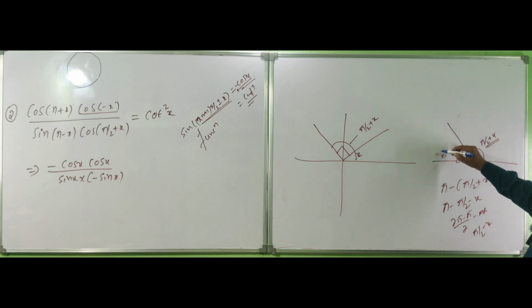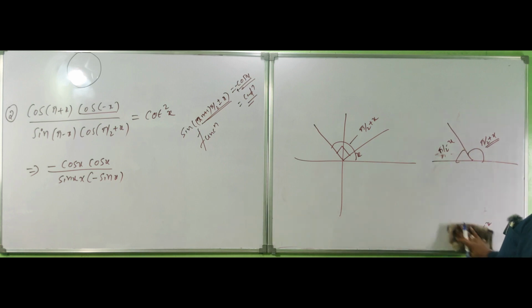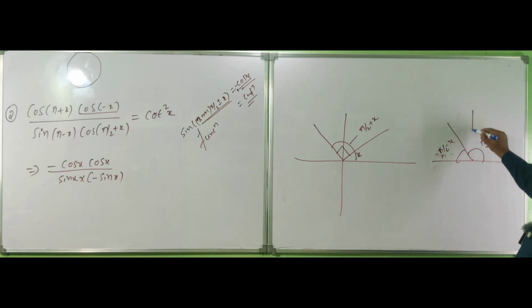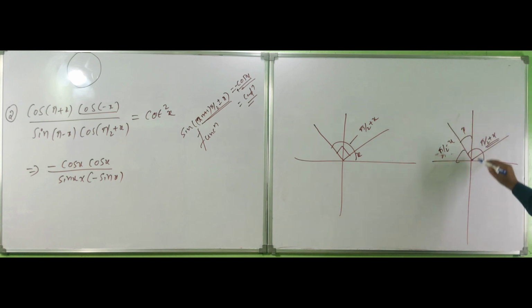This becomes pi by 2 minus x, but we want this one only. We want this one, then this becomes x.